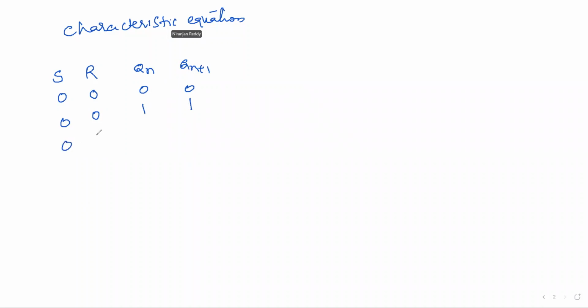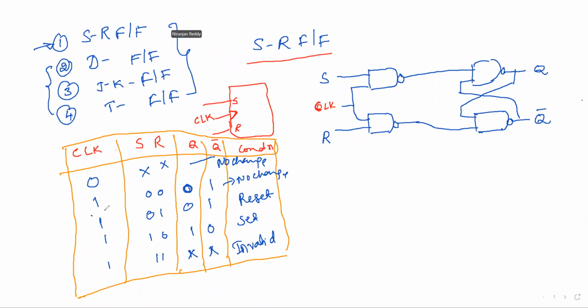The next condition 0 1, again it is 0 or maybe a 1. Whatever may be the value, what you are getting is a 0 only. See the truth table, 0, 1 condition. What will be the output of Q? So 0. So you don't have any no change or something. So 0, 1 is 0.